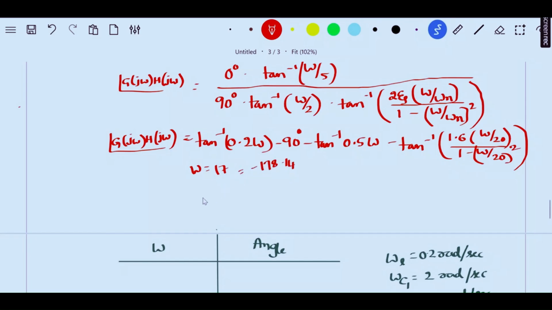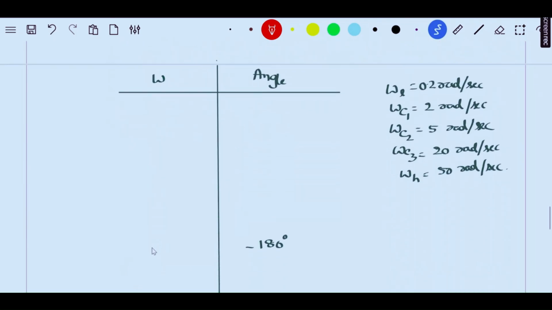I think a little bit more than 17, so let me go with 17.5. For 17.5, the angle I am getting is minus 180. So the omega value for which we get minus 180 degree is 17.5.